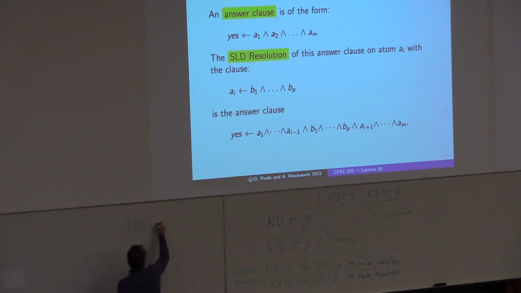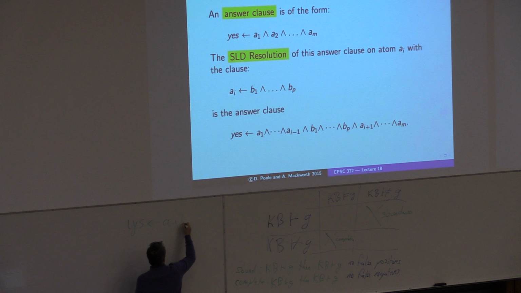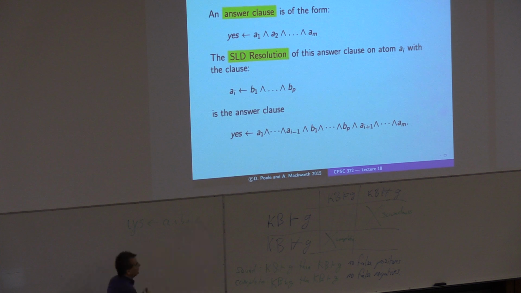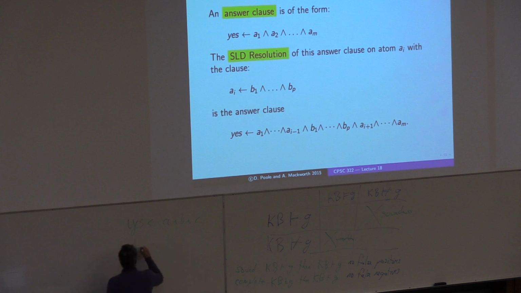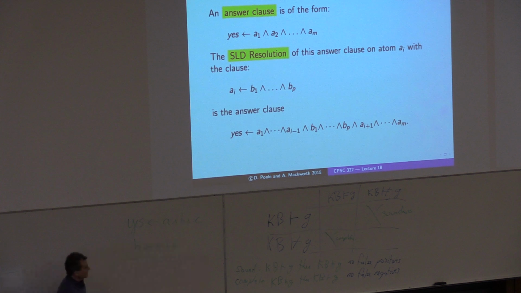So if we have yes if A and B and C, and we're going to do the SLD resolution of this, and we also have B is true if E and F. Then together of these, we've got this answer clause.